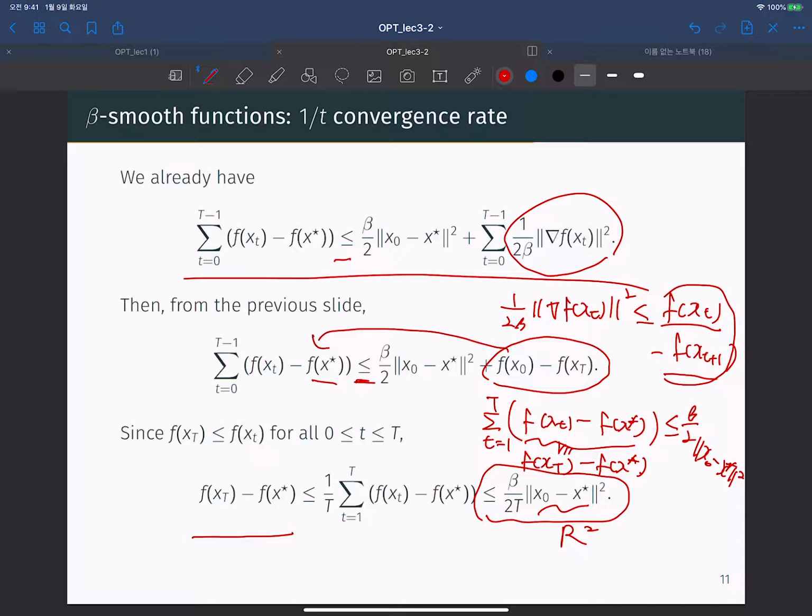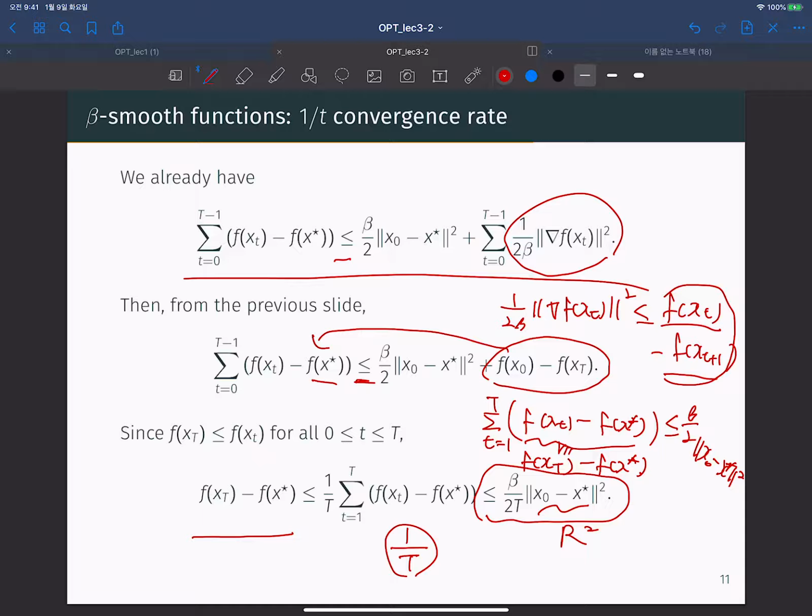So the convergence speed is proportional to 1 over capital T, the number of iterations. Note that in the previous case, without any assumptions on the objective function, without the Lipschitz continuity, the convergence speed was 1 over square root of T, when we ignore the other constant terms.